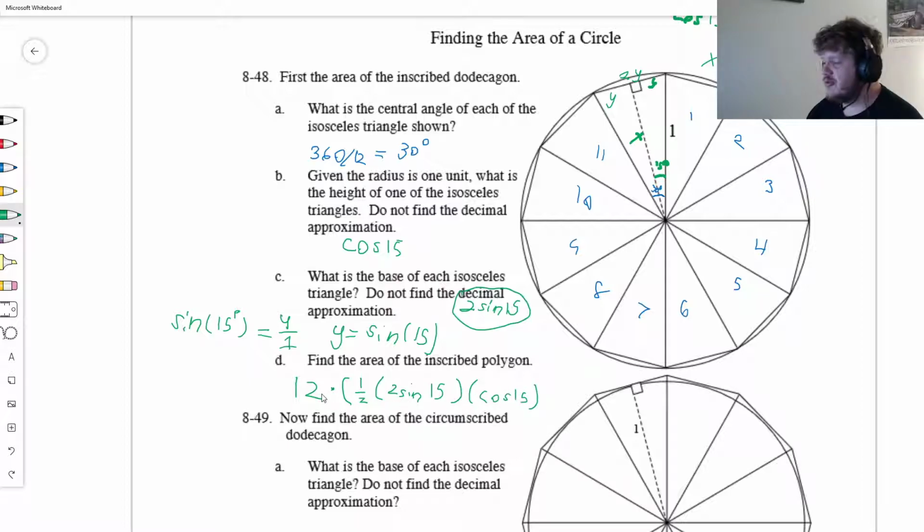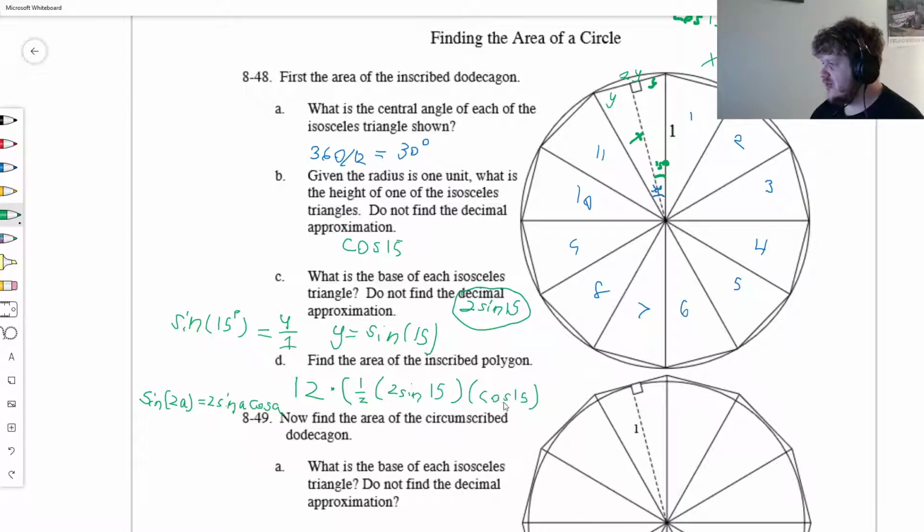Now, if you remember some of our double angle formulas, you'd remember that sine of 2a equals 2 sine a cosine a.